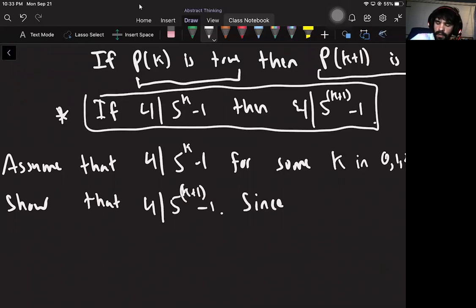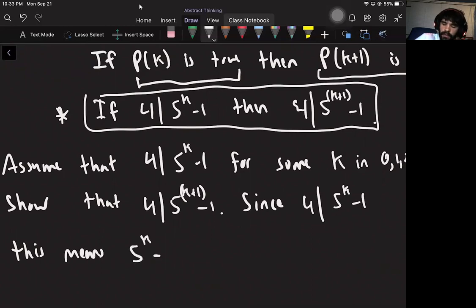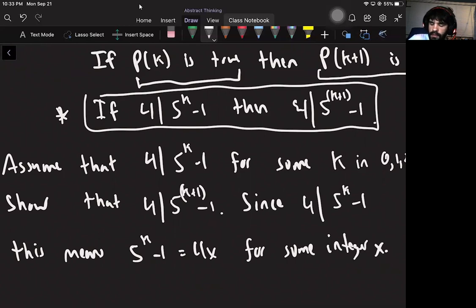You just expand upon what you're doing. So since 4 divides 5^k - 1, this means what? That means 5^k - 1 = 4x for some integer x. That's the definition of divides.